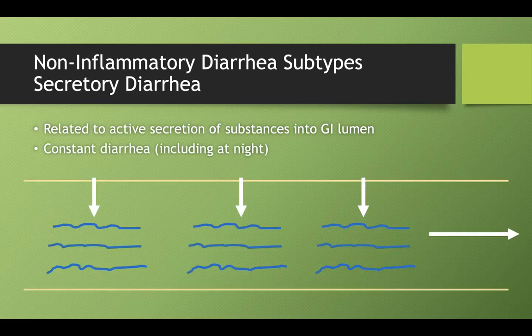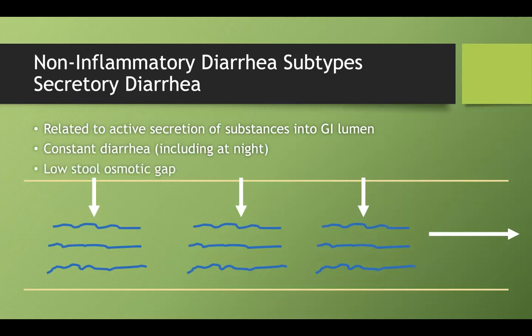And that's an important distinction. Remember, osmotic diarrhea won't cause nighttime symptoms because there's nothing in your GI lumen that's promoting that release of water into the lumen and as feces. In the case of secretory diarrhea, it's through an entirely different mechanism. So you'll still get nighttime diarrhea.